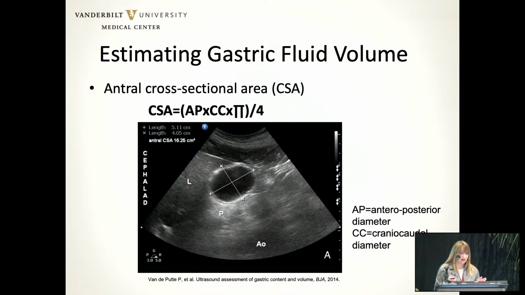They've been validated with endoscopic guided gastric suctioning, so they know that there's accuracy. So how do you obtain the cross-sectional area? There's two ways to do it. The first way I have listed here: you can measure the anterior-posterior diameter and then the craniocaudal diameter, going edge to edge, and then you plug that into the equation that you see here.